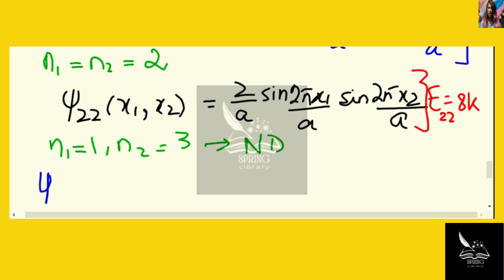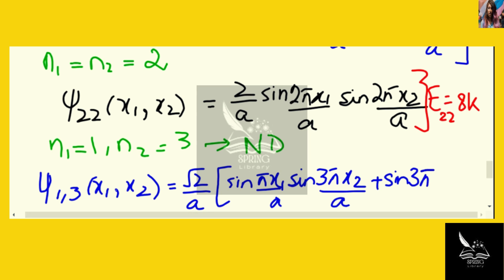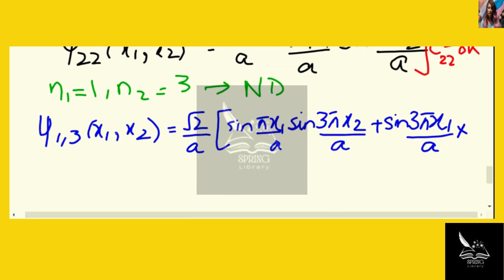So that is wave function 1 3 of x1, x2 is equal to under root 2 divided by a, square bracket, sine pi x1 divided by a sine 3 pi x2 divided by a plus sine 3 pi x1 divided by a multiplied with sine pi x2 divided by a.